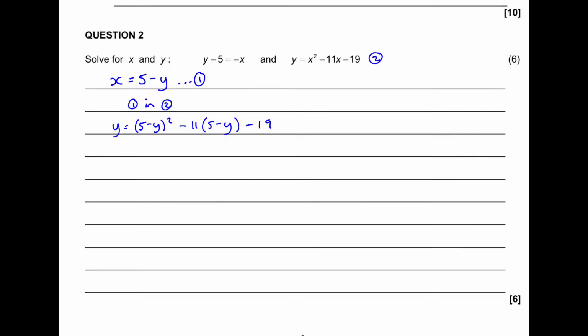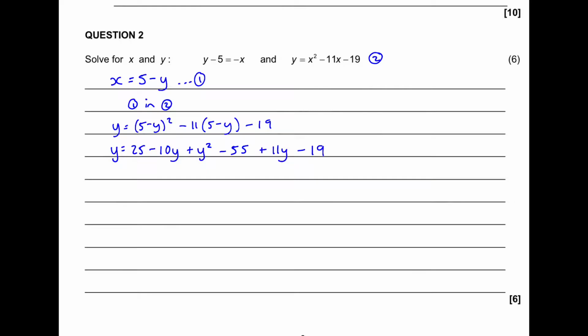Now we need to FOIL out. So y is equal to 5 minus y FOILed, which is 5 squared is 25, minus 10y plus y squared, and then distribute the negative 11, that gives us negative 55, plus 11y minus 19.